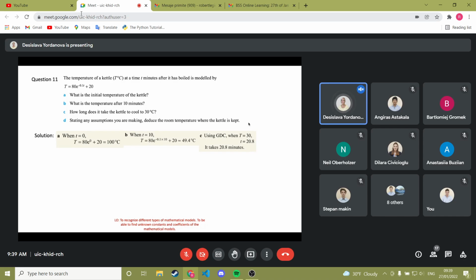So this approaches the horizontal asymptote. So the room temperature where the kettle is kept should be exactly the horizontal asymptote, sorry. So it should be equal to 20.